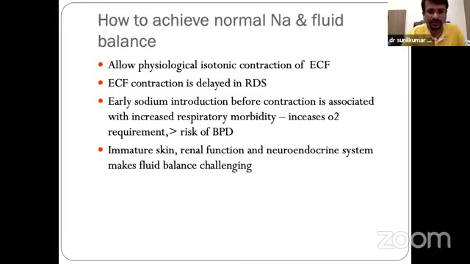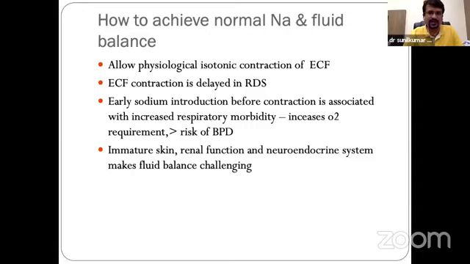So how to achieve a normal sodium and fluid balance? It's been known to everyone that immediately after birth, there will be something called physiological diuresis. So we need to allow this physiological isotonic contraction of extracellular fluid to have a balanced sodium and fluid balance.